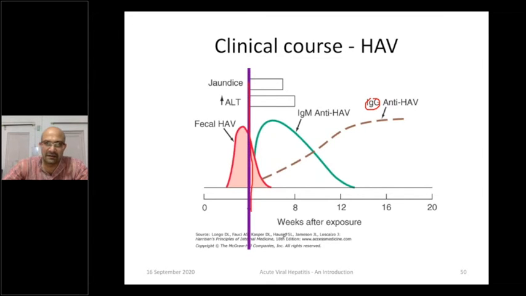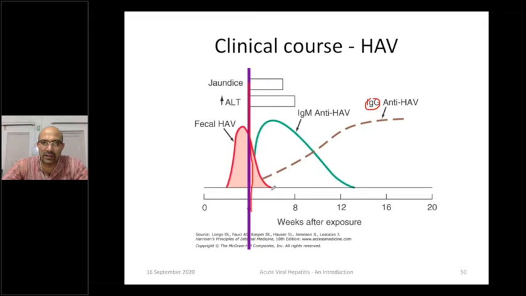That's how the progression takes place in hepatitis A virus. If you are looking at a patient at about 4 weeks of infection, the jaundice may still not have appeared, ALT may still not have risen, and you will still have fecal hepatitis A virus shedding.